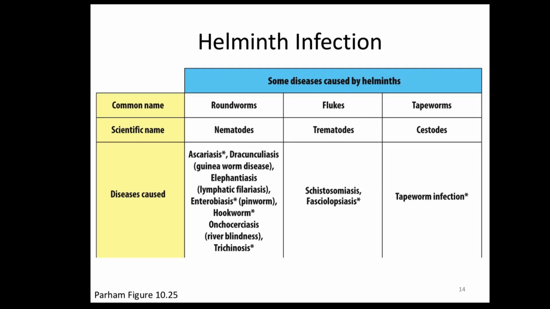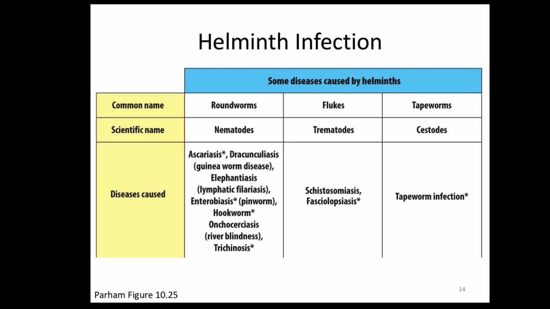Guinea worm disease, elephantiasis, which was in my intro bio textbook as a first year student, and I was traumatized and cannot look at elephantiasis pictures ever since then. Pinworm, hookworm, river blindness, trichinosis from uncooked pork, schistosomiasis, tapeworms, lots of different situations where we have helminth infection.